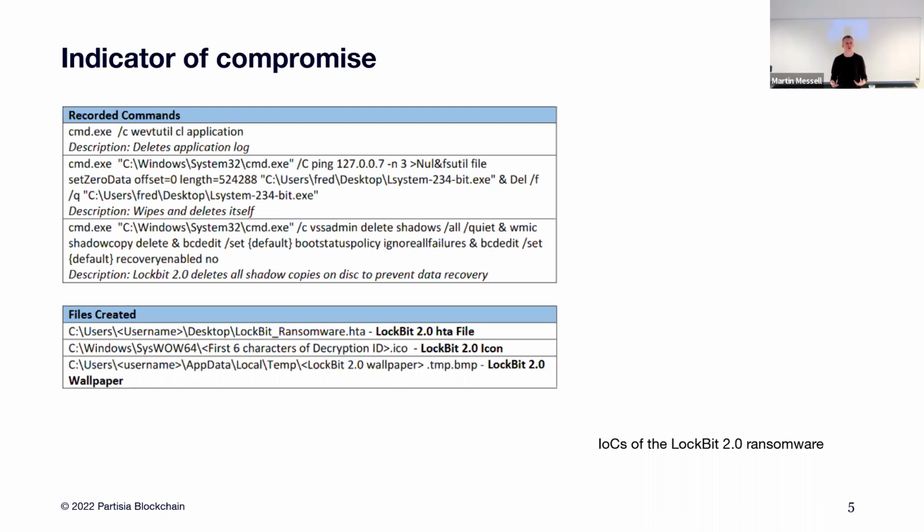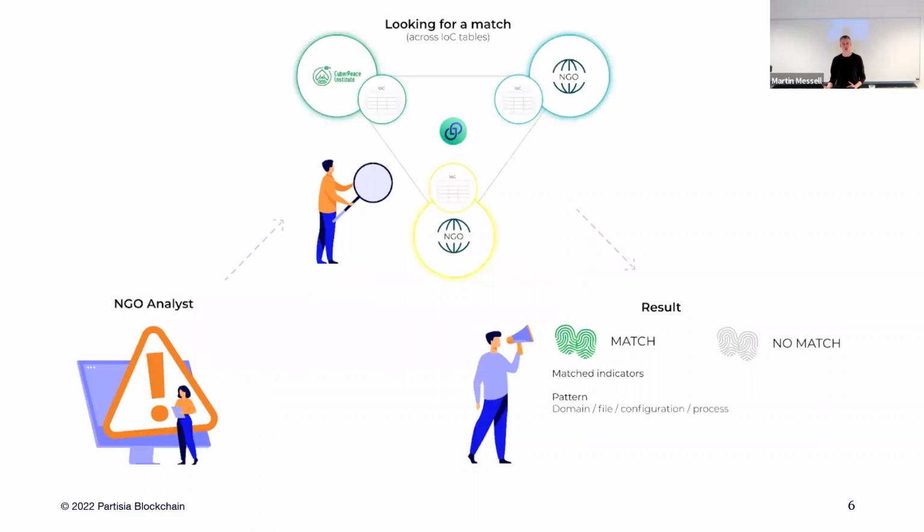So the NGOs will have these things recorded, and what they want is to actually communicate with each other to find out which other NGOs are having these same indicators of compromise, without actually broadcasting to everyone which indicators you have found.